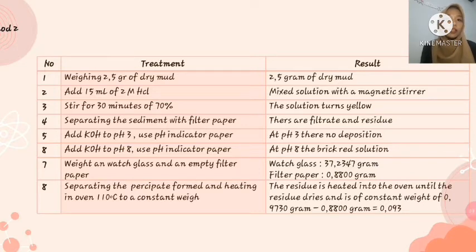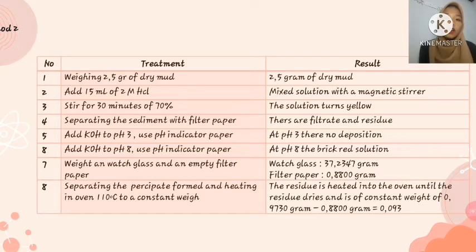Treatment: weighing 2.5 grams of dry mud. The result: 2.5 grams of dry mud. Add 15 milliliters of 2 molar hydrogen chloride. The result: mixed solution with a magnetic stirrer.